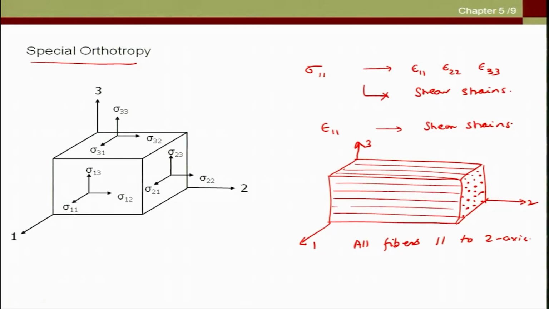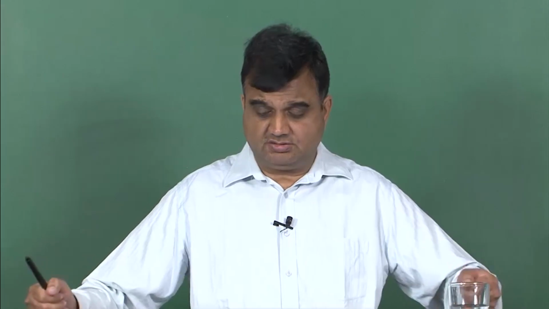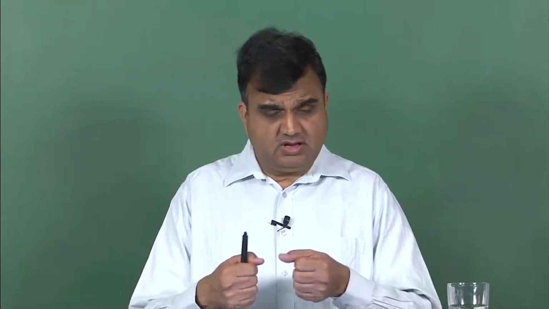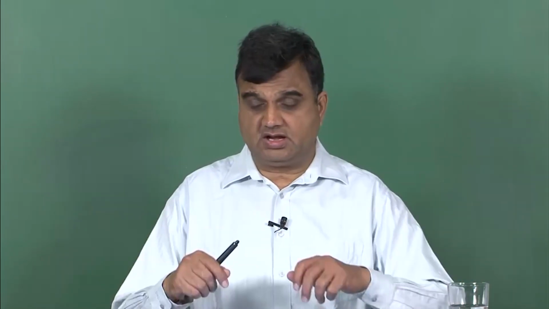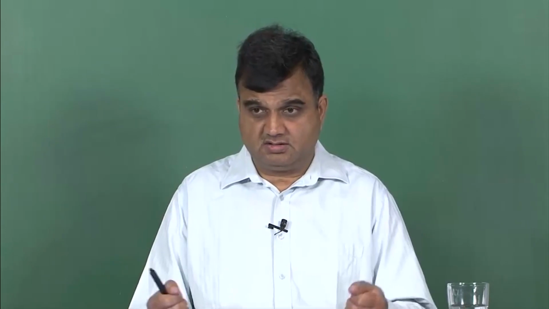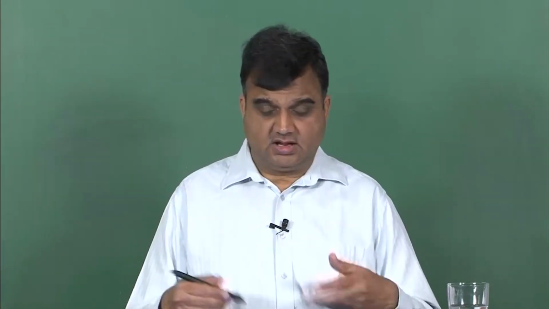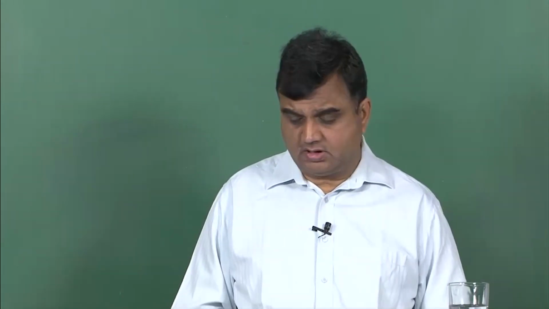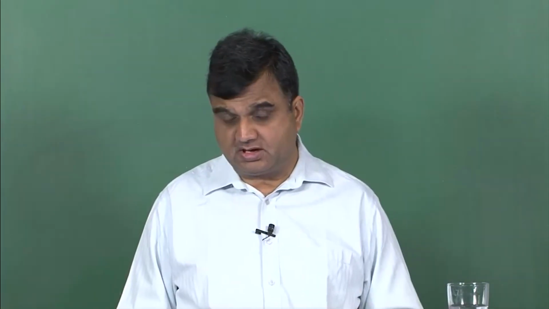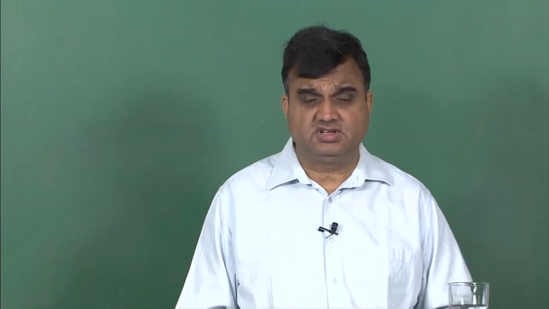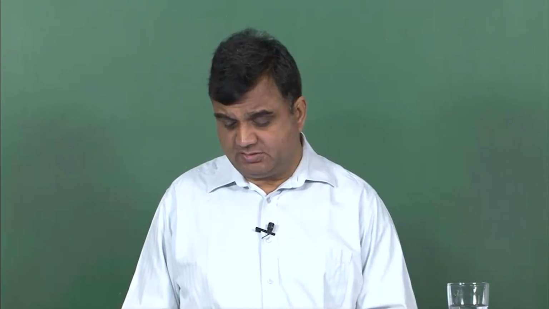So, this is the physical structure, and if I pull such a structure in the 2 direction, and I only am pulling it in the length direction, there is no reason we should expect that it should deform in shear, right. Physically, intuitively, that is what we would expect, and that is exactly what we see in actual experiments.